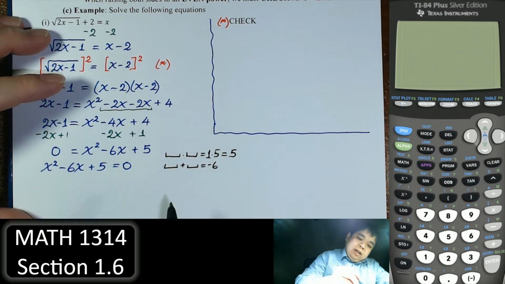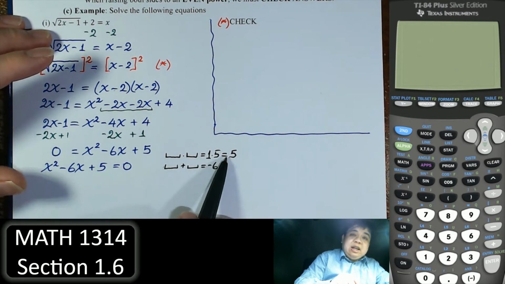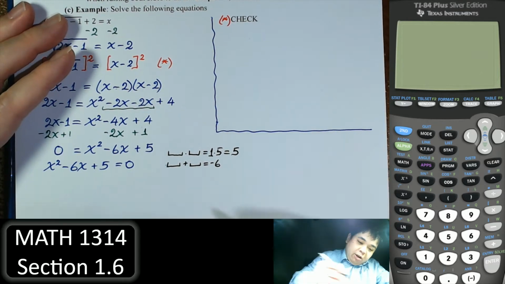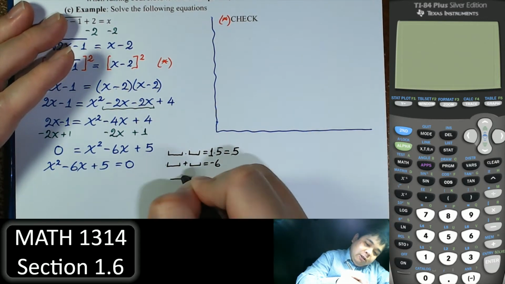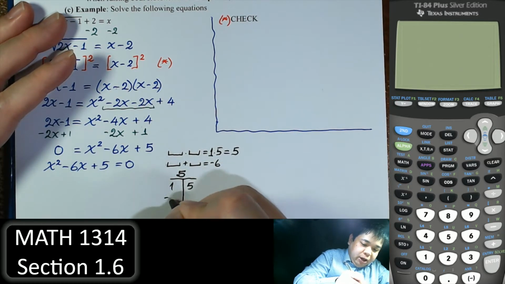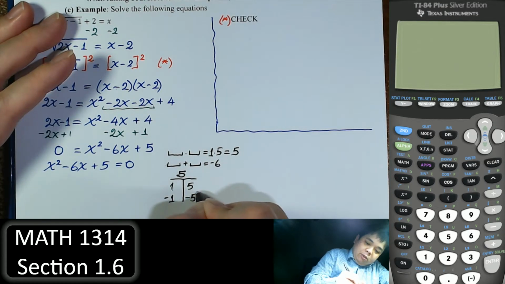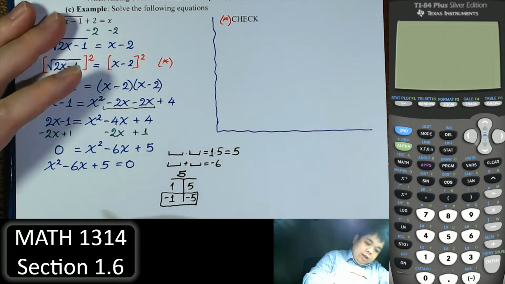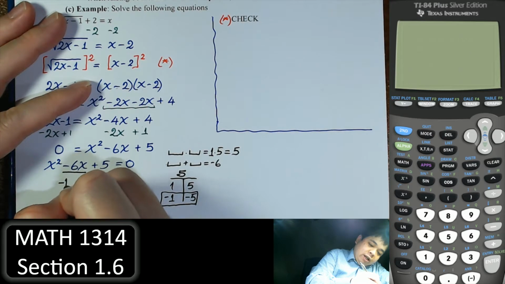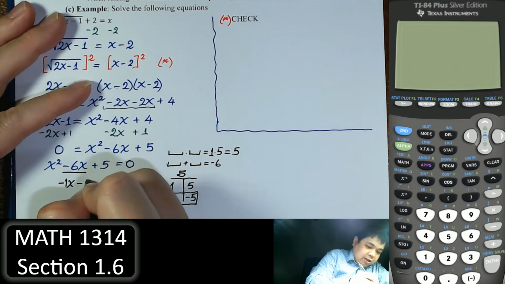Easily we can see that the product of 5 is 1 and 5, or negative 1 and negative 5, and for this one add up to negative 6. So we split the negative 6x into negative 1x and negative 5x.